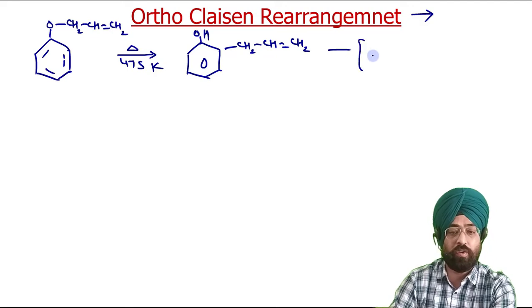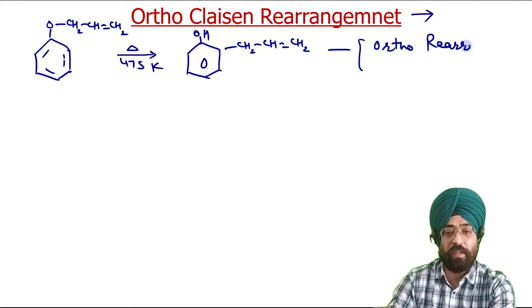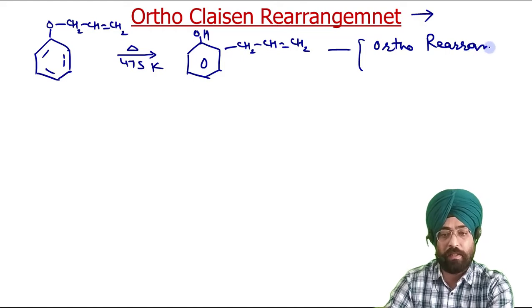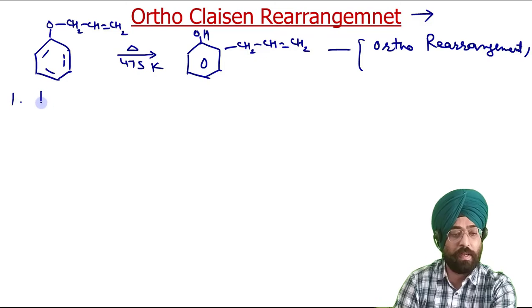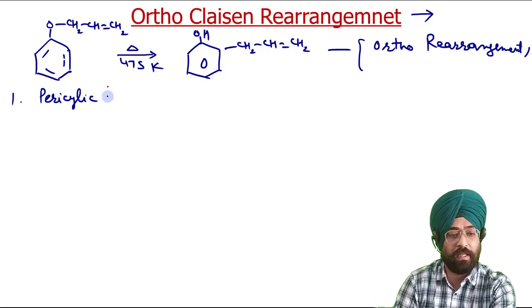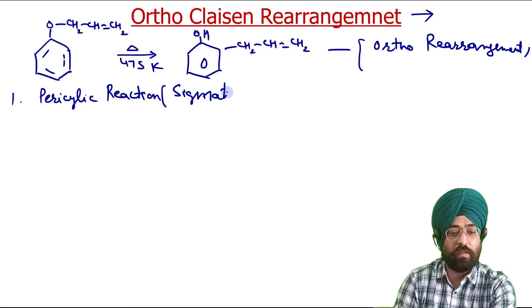So this is your ortho rearrangement. Now we have to propose the mechanism. Now this mechanism is a pericyclic type reaction. It is a pericyclic reaction. More specifically, it is a sigmatropic reaction.